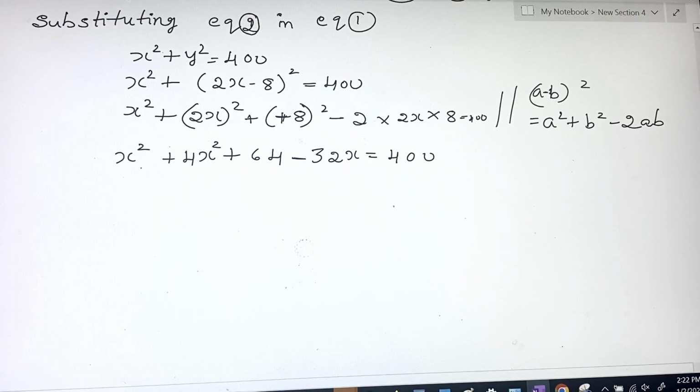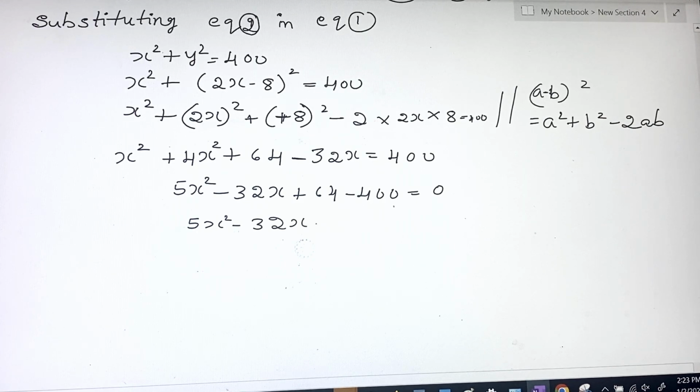Now x square plus 4x square is 5x square, minus 32x, plus 64. When this 400 comes to this side it becomes minus 400, equal to 0. When I simplify, it becomes 5x square minus 32x plus 64 minus 400, which is minus 336, equal to 0.